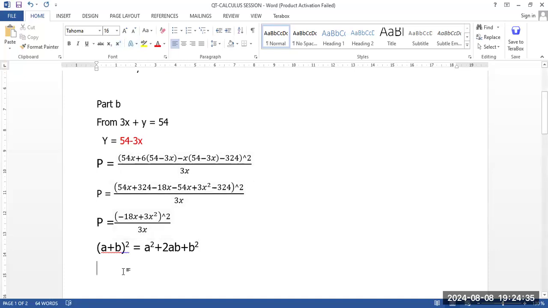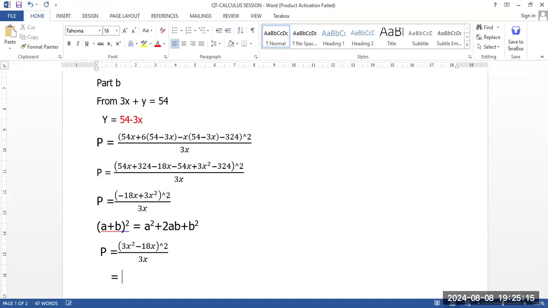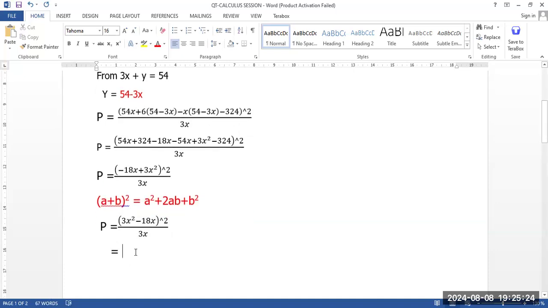So what will be our P now, if you try to categorize very well? Using this knowledge, who can try and expand this, the upper one?